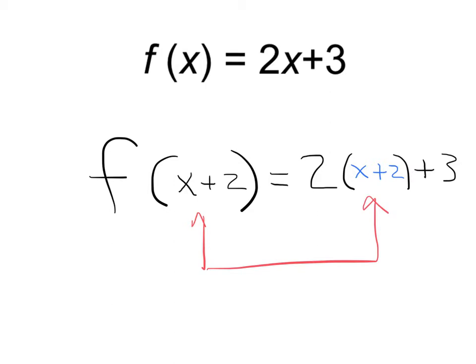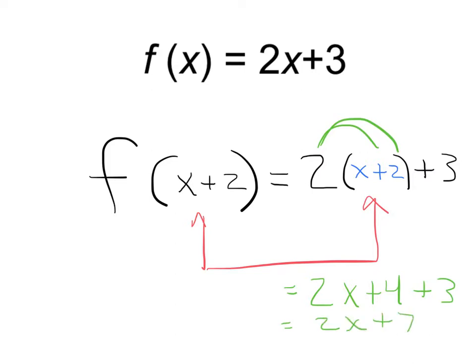And of course, then I could simplify that if I wanted to. In this case, the way I would simplify is by distributing this 2 through the parentheses. That would give me a 2x plus 4. And then I could combine my like terms to end up with a 2x plus 7. So when we talk about modifying the argument, this is what we mean.